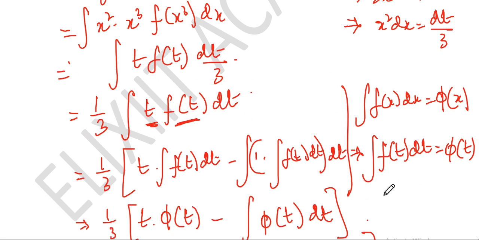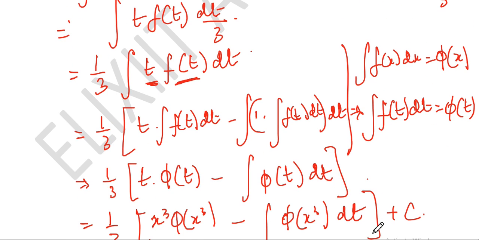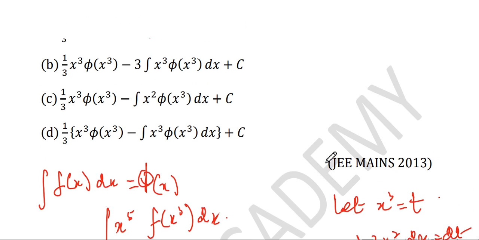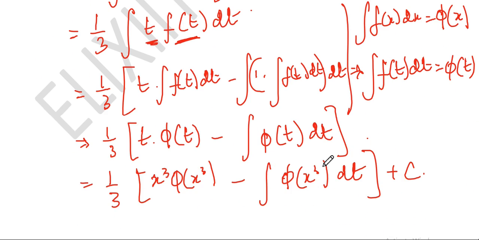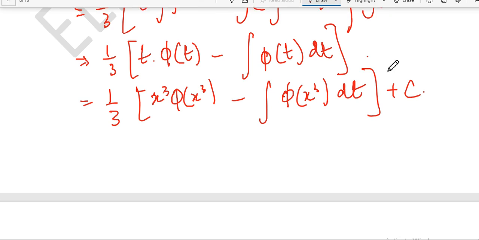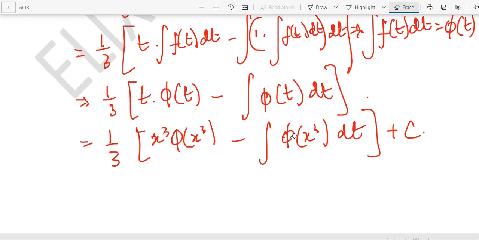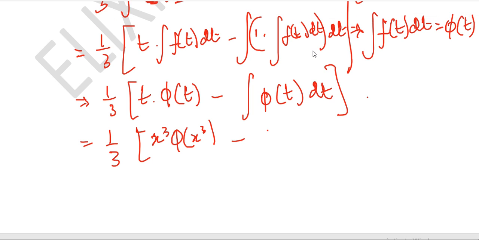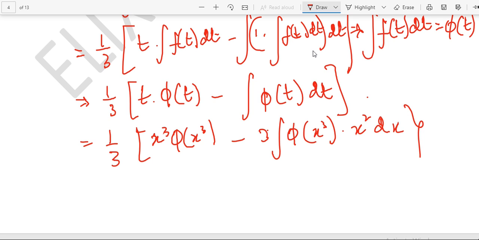Now what was phi of t? Phi of t was integration ft dt. So basically we can also write this integral of phi of t dt as 3 into integration phi of x cube into x square dx plus c.